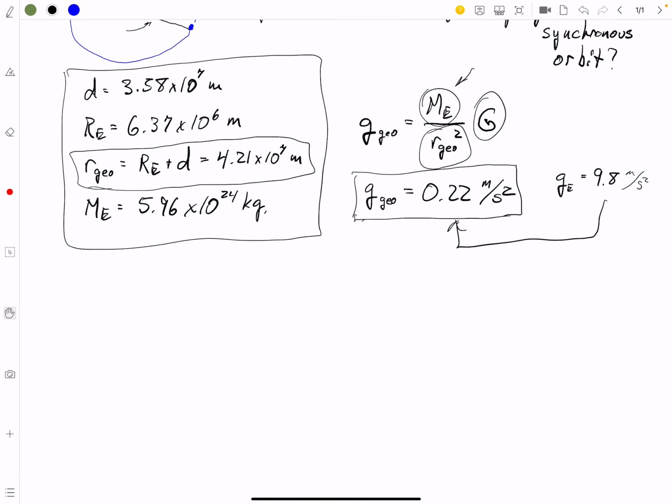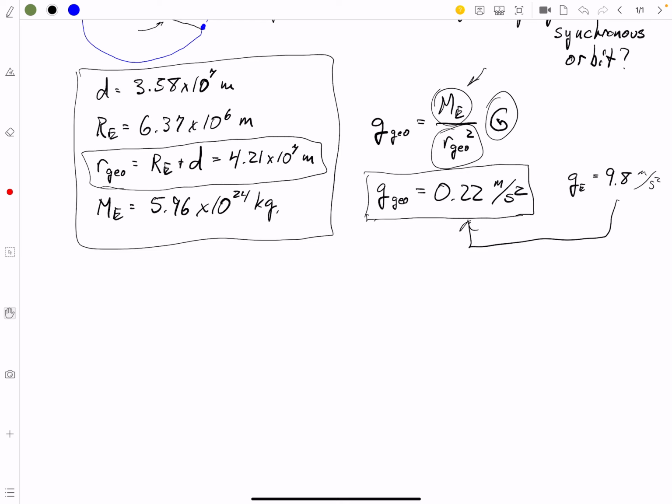That's a geosynchronous orbit, and it's kind of far out there.